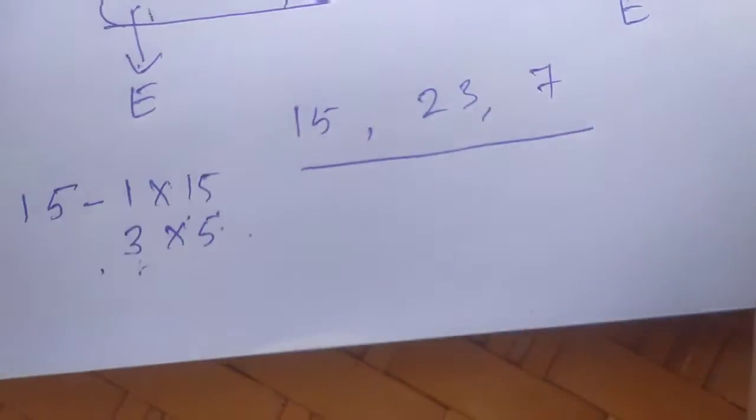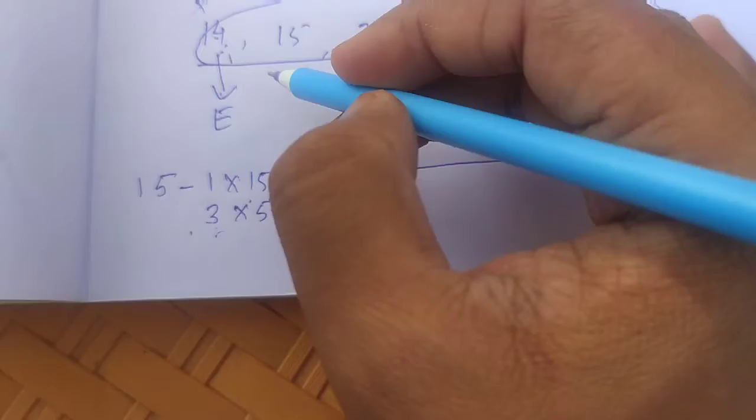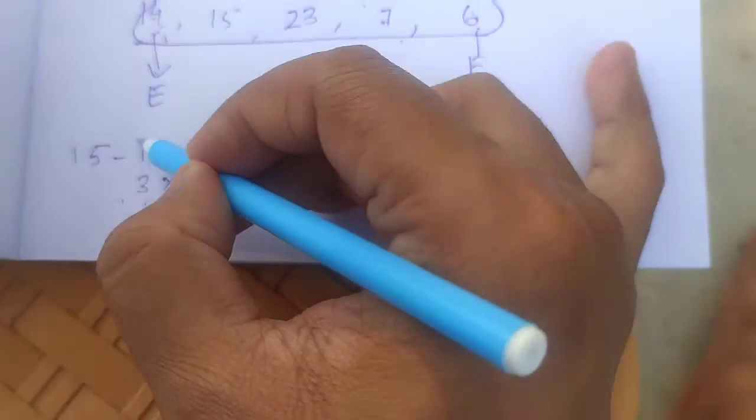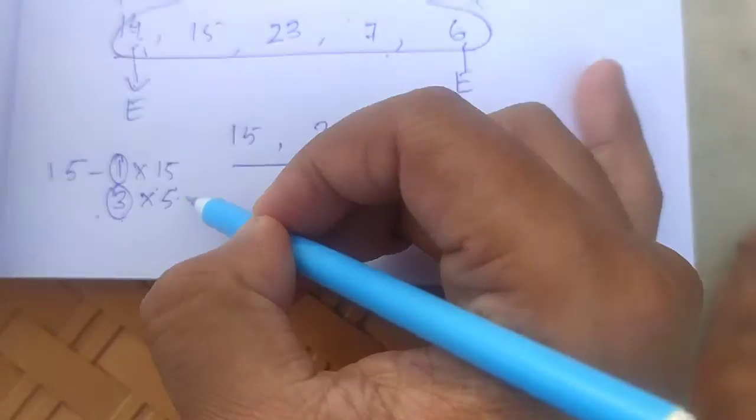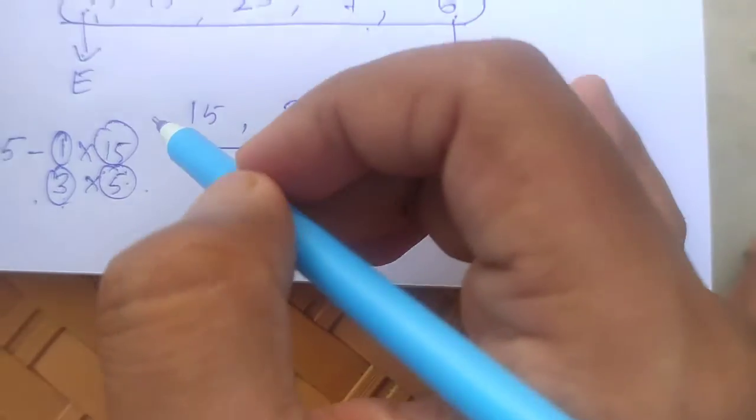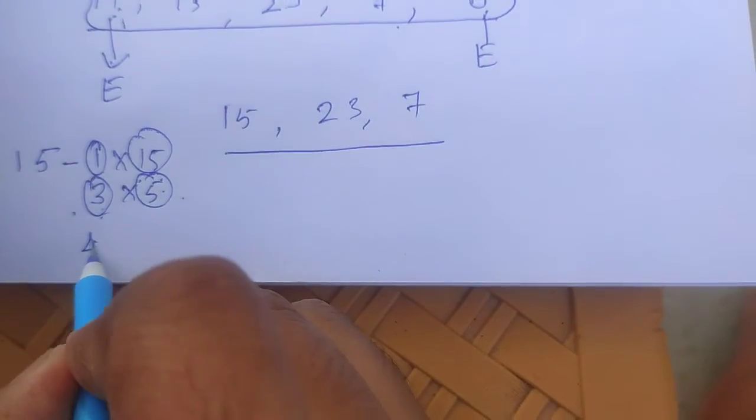So the factors of 15 are 1, 3, 5 and 15. It has 4 factors.